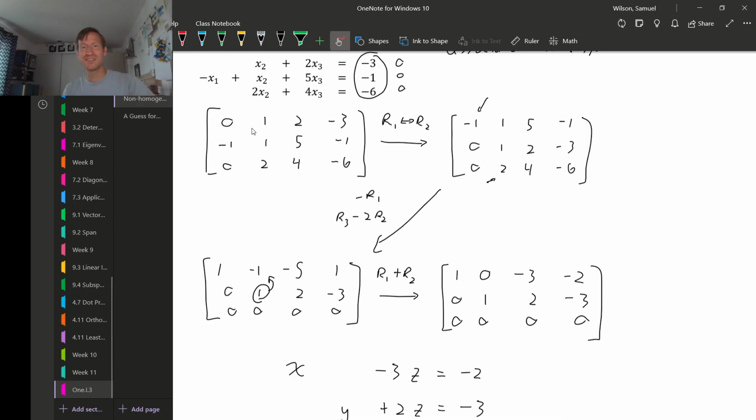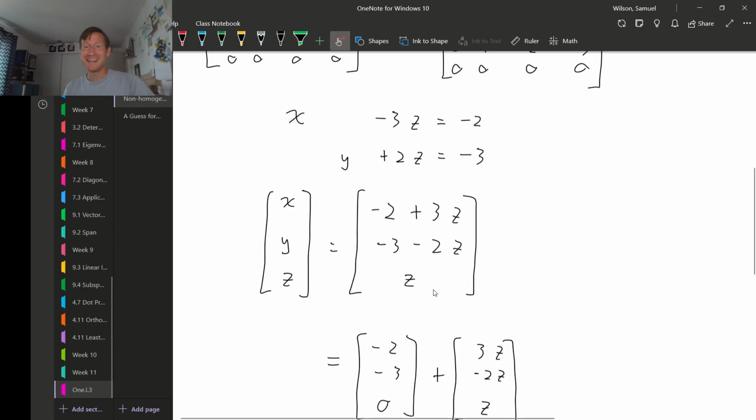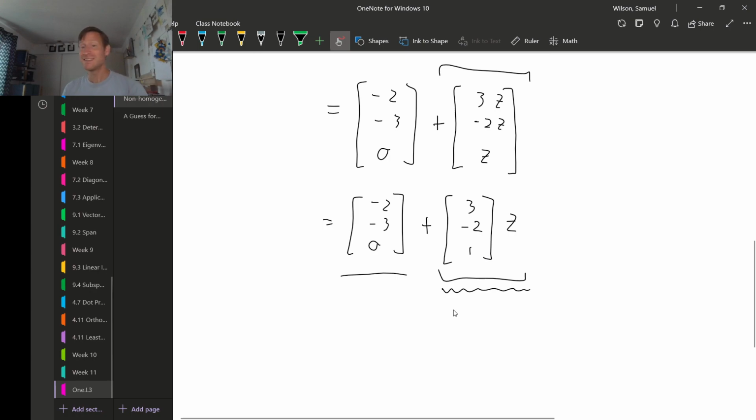What determines the steps that you take as you're doing Gauss's method or row reduction is the numbers that show up in the left-hand piece, not the augmented column. The augmented column never determines the steps that you're going to take. So if we were solving this associated homogeneous equation, we would do exactly these same row reduction steps. And so the solution that you get would be exactly this piece right here. So this last term is actually all of the solutions to the associated homogeneous system.